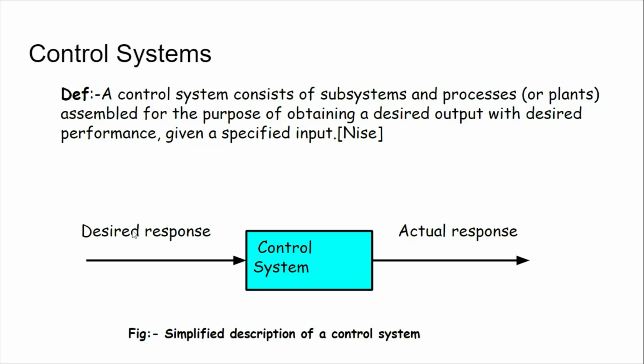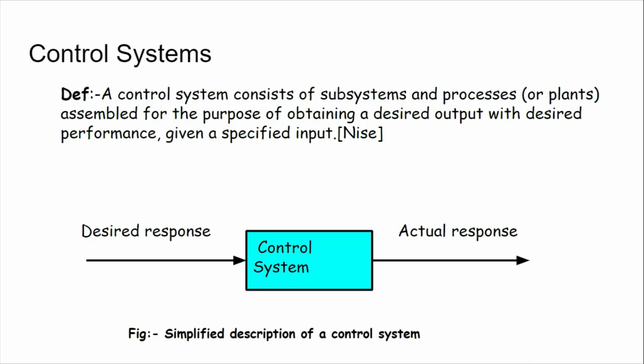So, the important things here are subsystems or plants, desired output or reference input, that is this, and the performance. Performance in a crude way can be understood as the difference between the desired response and the actual response.